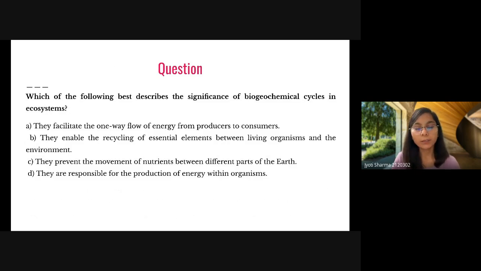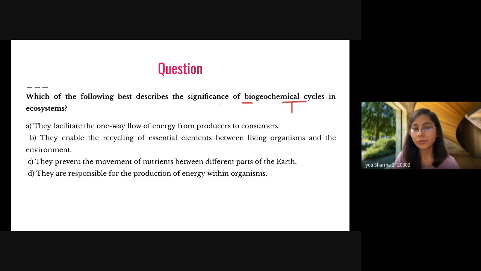Okay. Another question is, because we are talking about the nitrogen cycle, the carbon cycle, the sulfur cycle, the iron cycle, what is the significance of these biogeochemical cycles? Bio means it will move through living organisms.